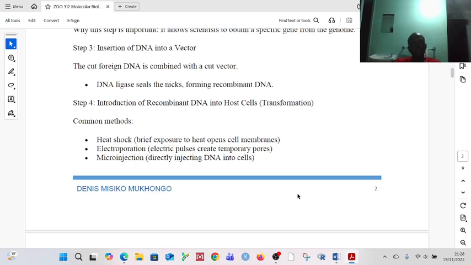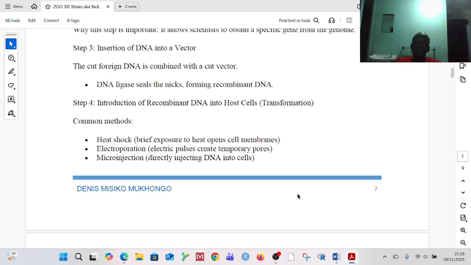So you take the host cell, ile yenye unataka recombinant DNA iingie ndani yake, then you subject it to some level of heat. You expose it to some level of heat briefly. Okay? That heat is supposed to open the cell membrane.